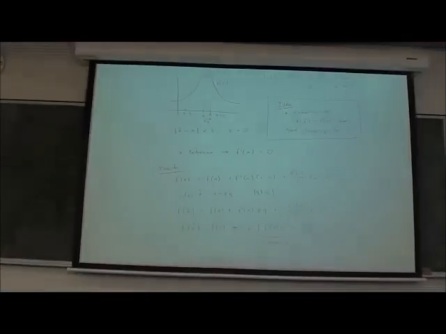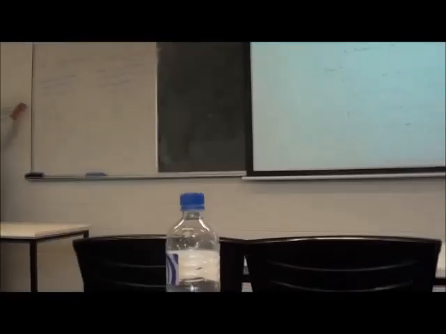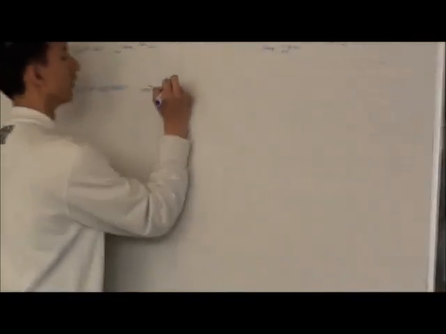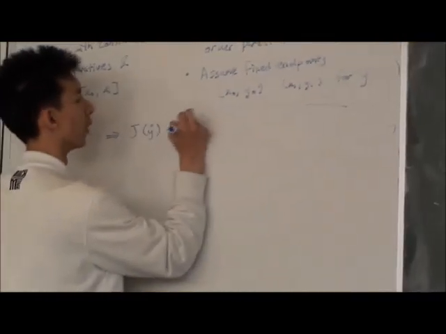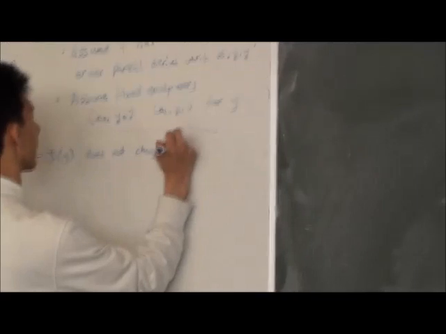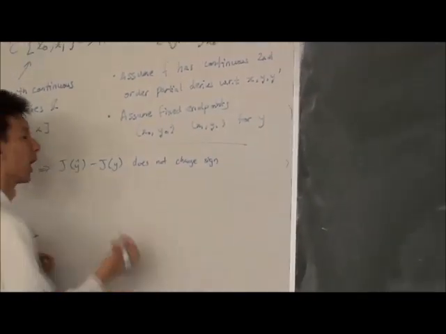And then applying this idea here, that if x is an extremum, f of x hat minus f of x does not change sign for any x hat, we can draw a similar parallel for J. If y is an extremum for J, so either y maximizes or minimizes the value of this functional, then we have J of y hat minus J of y does not change sign for any y hat which is within a distance of epsilon away from y.